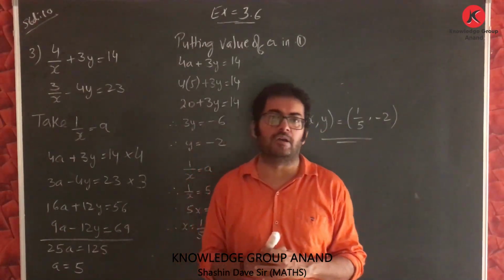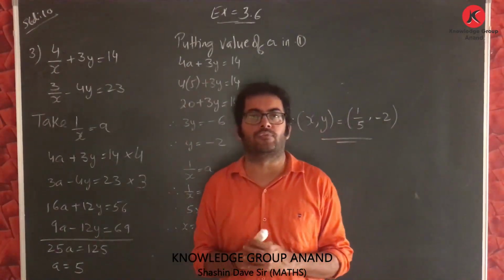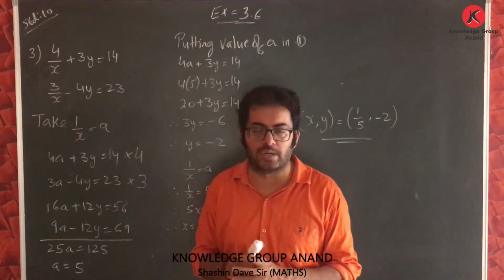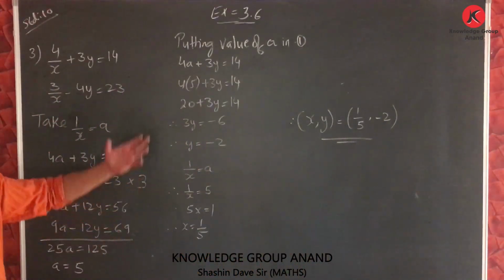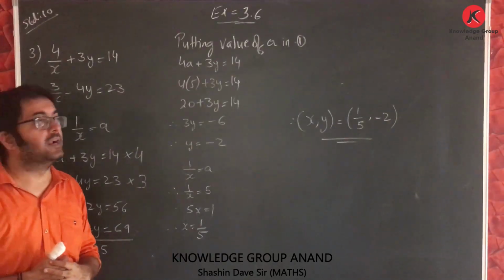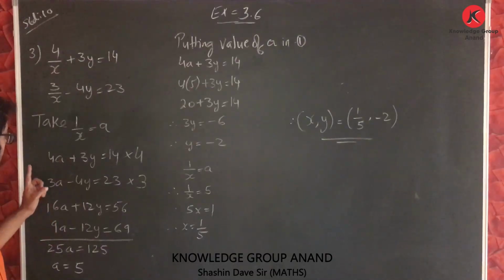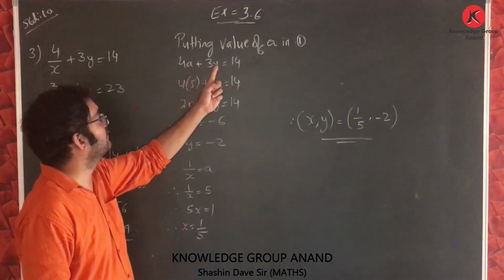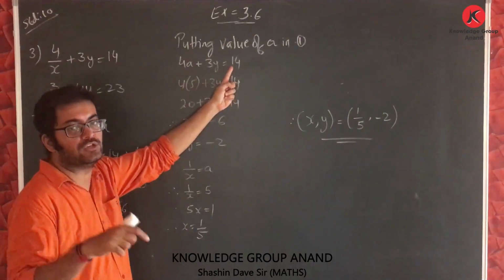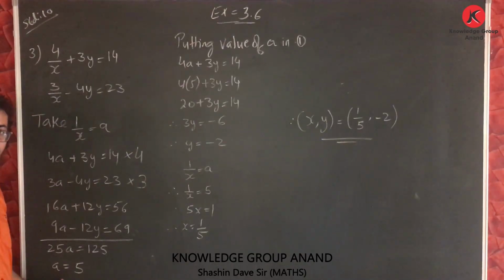After getting the value of a, I can substitute this value of a in either equation number 1 or equation number 2. As you can see over here, I have put that value of a in equation 1. Our equation 1 was 4a plus 3y is equal to 14, in which I will substitute the value of a, which I just found out to be 5.